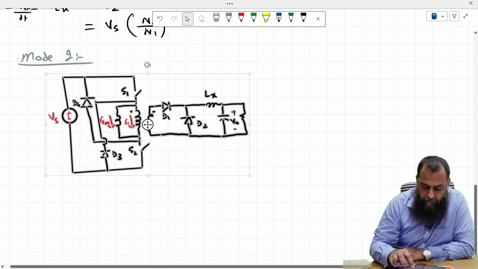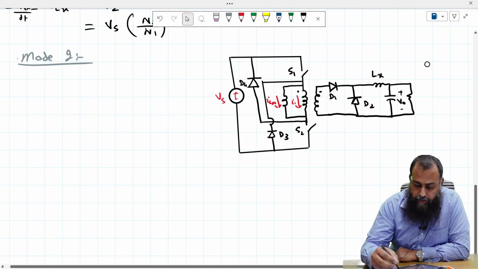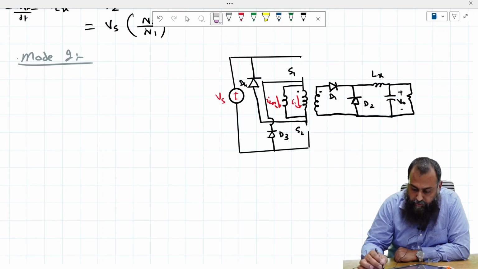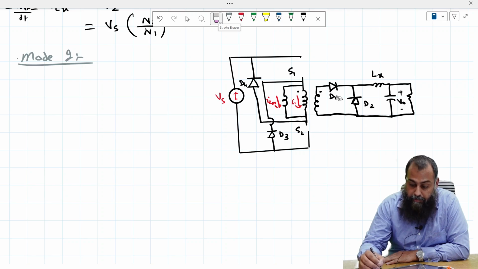You are turning off the switches S1 and S2, and when S1 and S2 are off, there is no current flowing here, so this is gone. Similarly, this S2 is open circuited. Because there is no current flowing through the primary winding now, the diode D1 will also become reverse biased, and therefore this becomes open circuit.